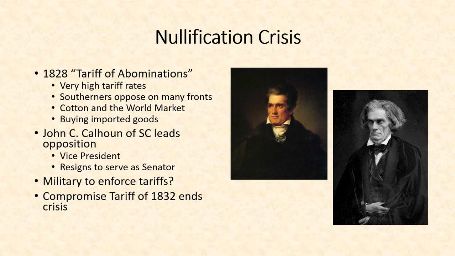There's also a fear that cotton is going to be affected because cotton is the number one product of the American South, and it is sold internationally. While American industry is ramping up in this period, England is the main manufacturer of cotton cloth, the first industrialized commodity in the Western world.